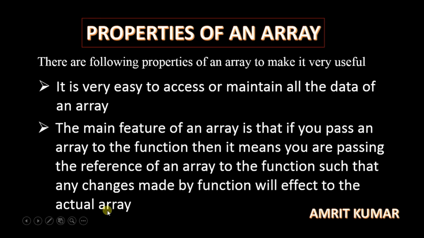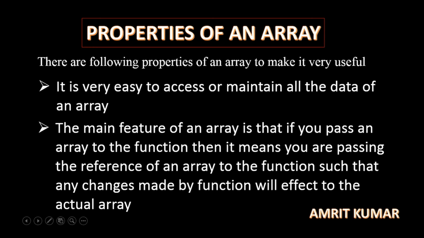Another point is that it is very easy to access or maintain all the data of an array. And the most important property, the main feature of an array, is that if you pass an array to a function, then you are passing the reference of the array to the function, such that any changes made by the function will affect the actual array.